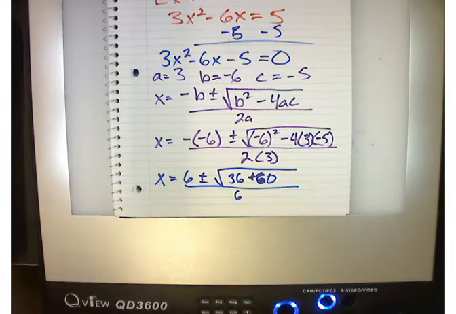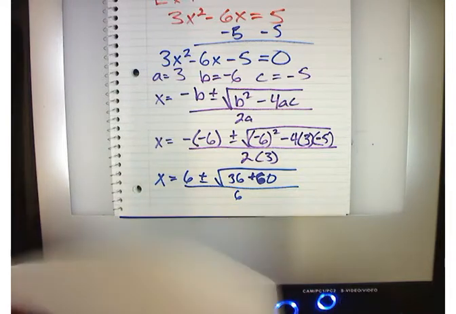Okay. So now in the next line, I gotta grab some more paper here. In the next line, what we need to do is start to simplify that. Technically we could enter that in the calculator right now and we would have an answer. But the problem is if you don't enter it in the calculator correctly, you could get the wrong answer.